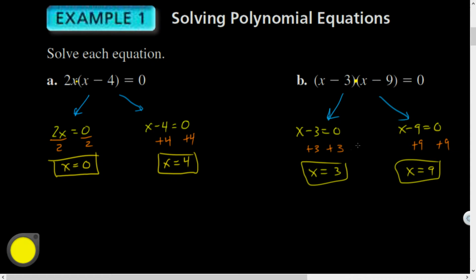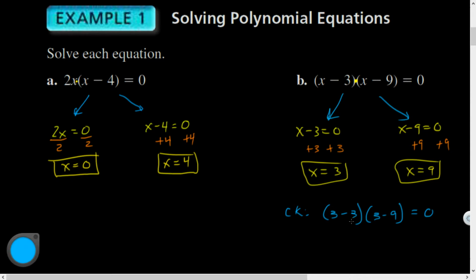I'm not saying that x was equal to 0. I'm saying that this was equal to 0. And watch, let's actually do a check. That's actually a great idea. So if I do a check, let's plug 3 into this original equation. So I'd have 3 minus 3 times 3 minus 9. Is that equal to 0?